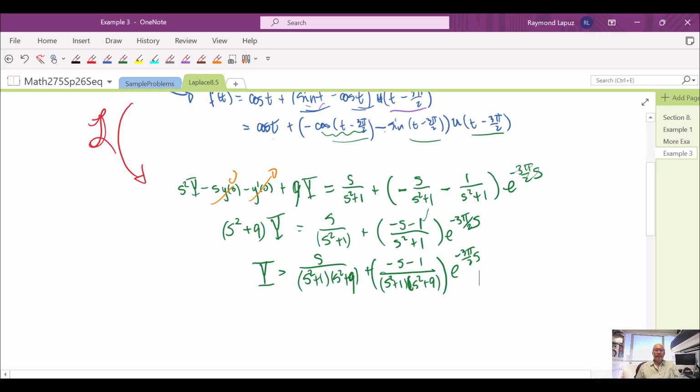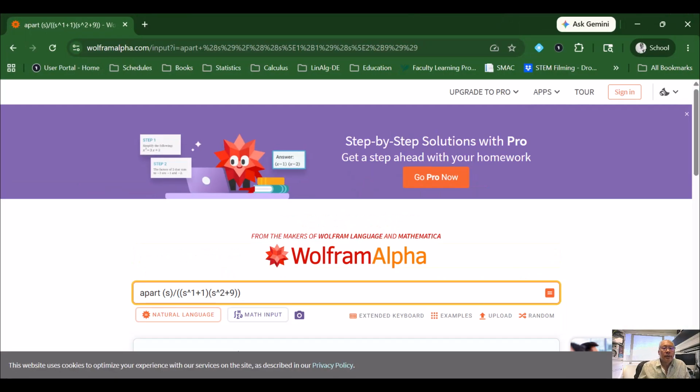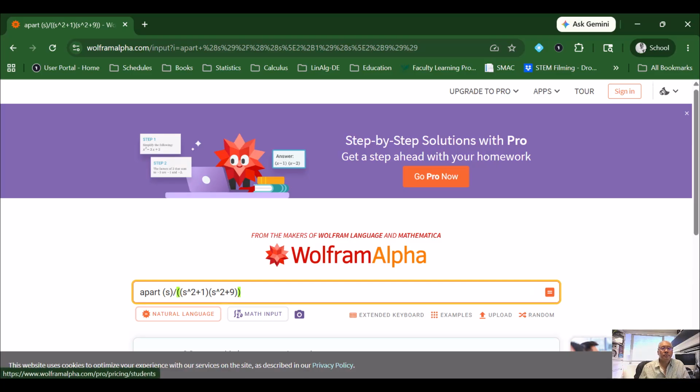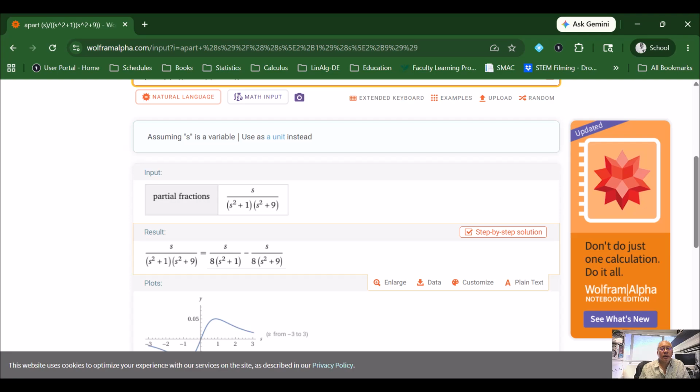All right, this looks like a job for Wolfram. So here it goes. s divided by the product of s squared plus 1, s squared plus 9. And it looks like it's going to be a couple of cosines, thinking about transforming back.